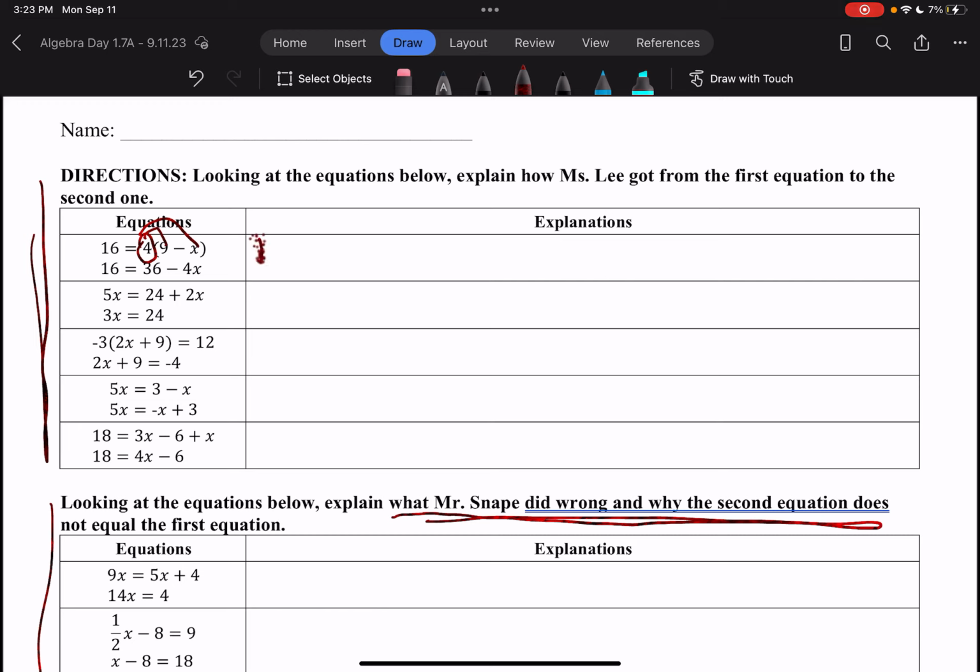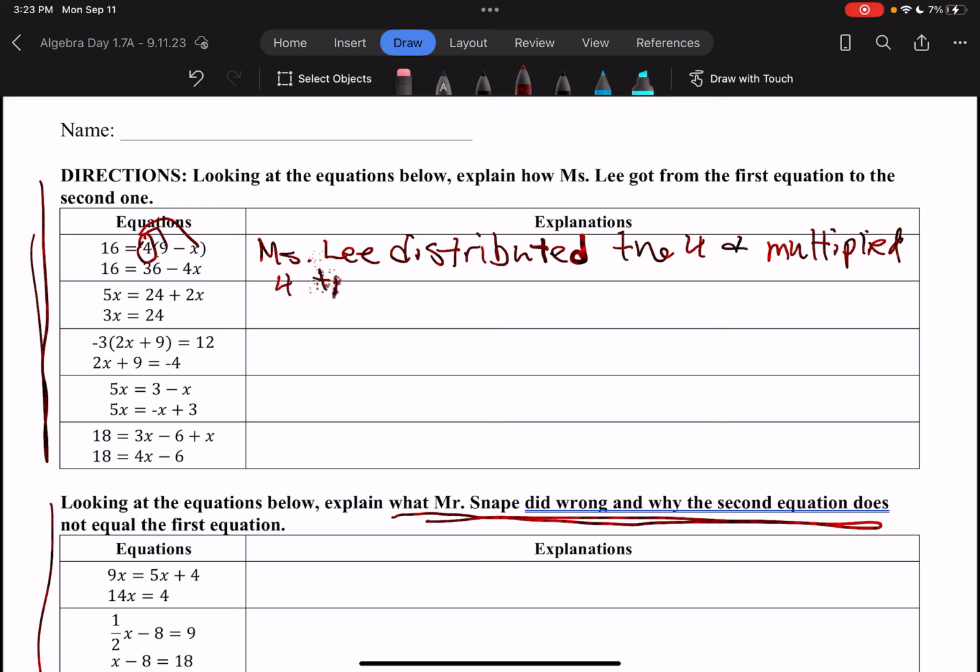So Miss Lee distributed the 4 and multiplied 4 times 9 and negative x. Okay, so that's all you're doing is you're explaining what is the move that I took to get from this equation to this second equation.